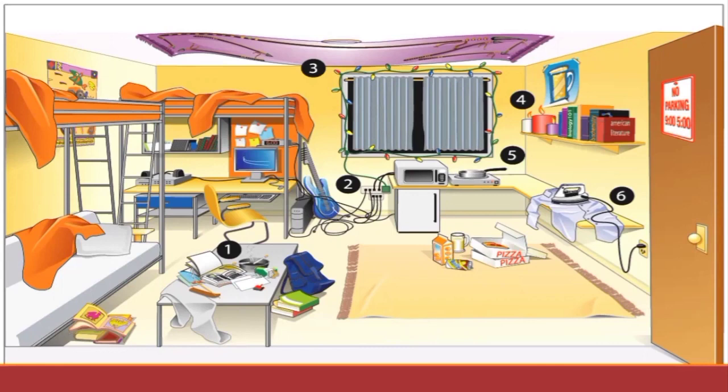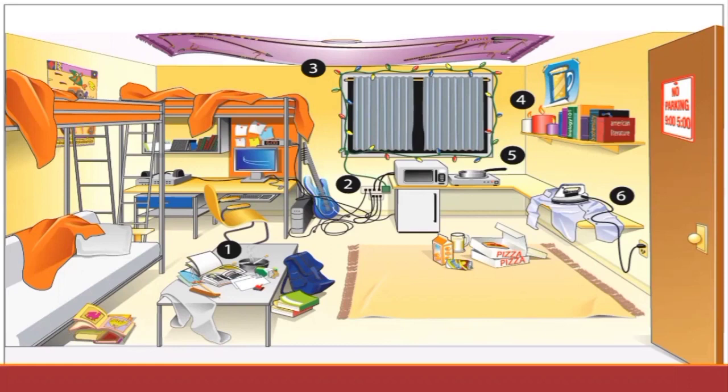The first one is placing lit smoking materials or incense near flammable items, for example, papers. Look at the cigarette near the papers.